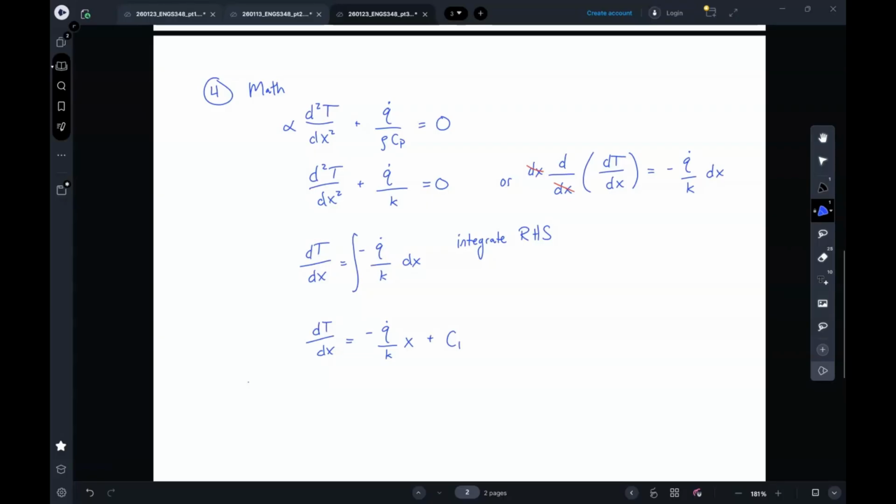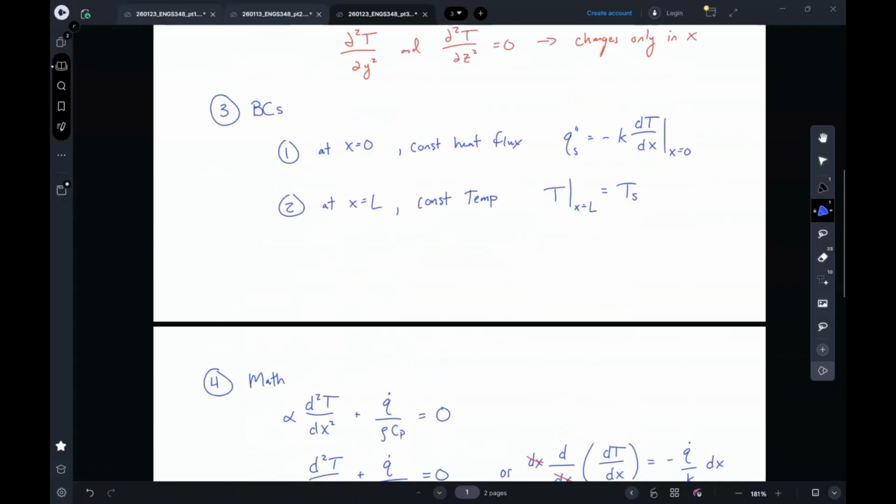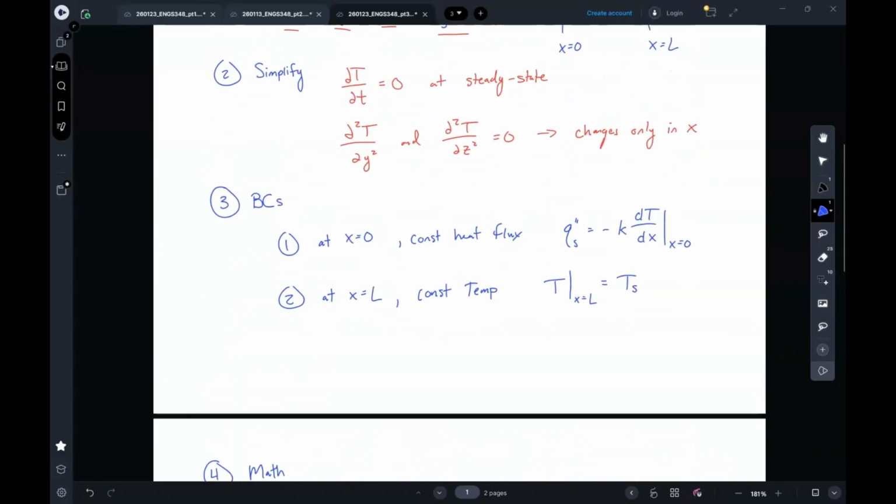So I'll use boundary condition 1. What did boundary condition 1 say? It said I actually know something about dT/dx at this magical place called x equals 0. So I'm going to plug in a 0 for x and see that this all works out.